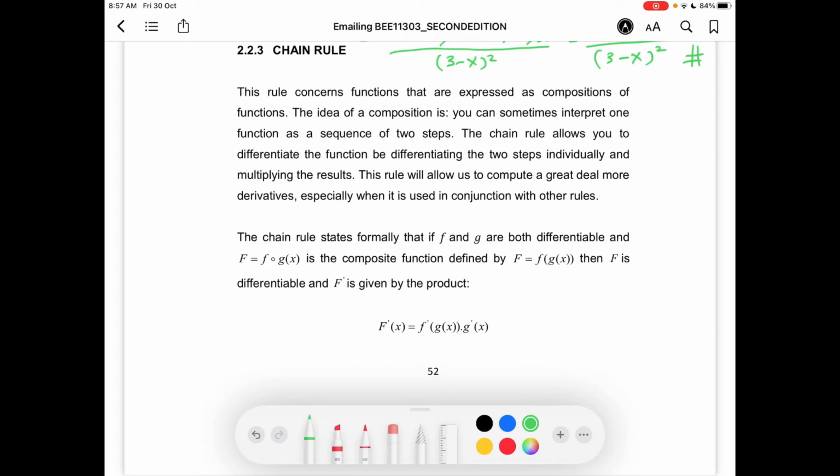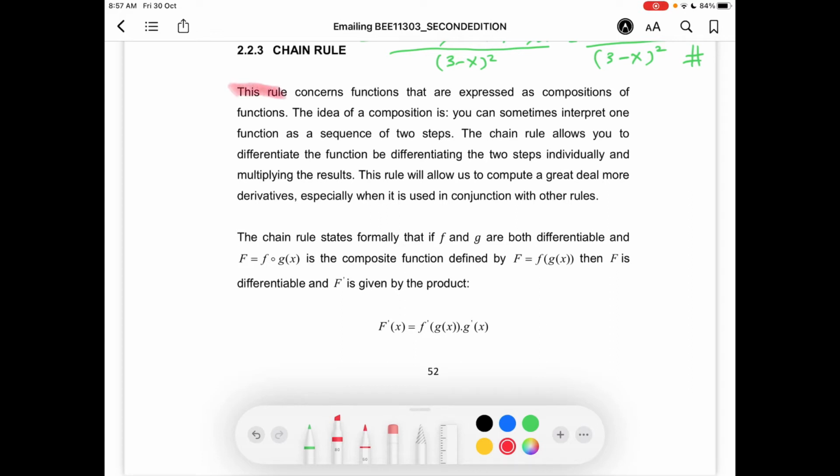Now let's proceed with the third technique, which is the chain rule. So chain rule, when and how can we apply it? To answer this, let's see what this text says.